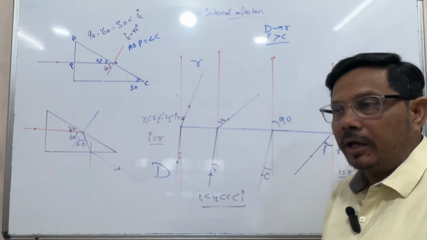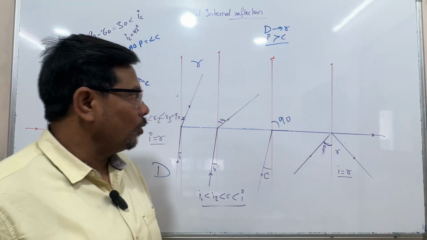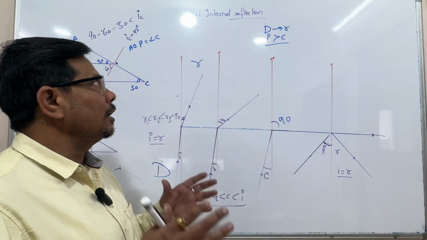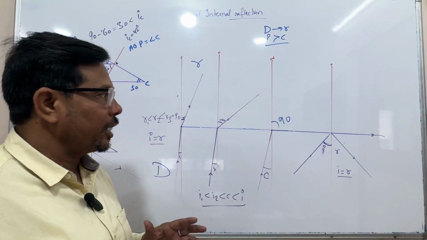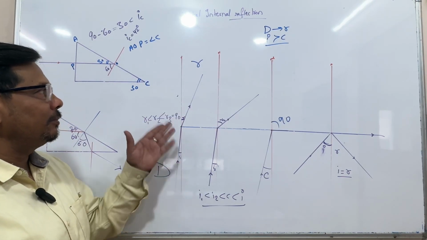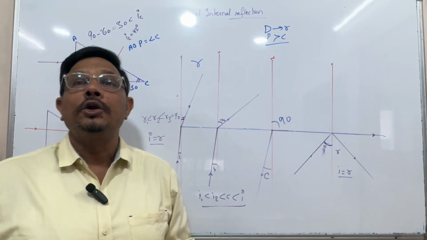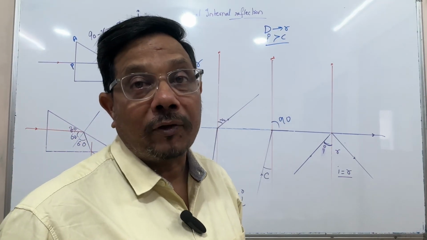So overall, I think you can now understand what is total internal reflection, not refraction. When light travels from denser to rarer medium, it has the property that it bends away from the normal due to the increase in velocity of light.